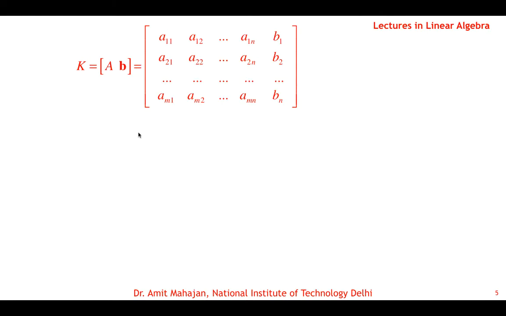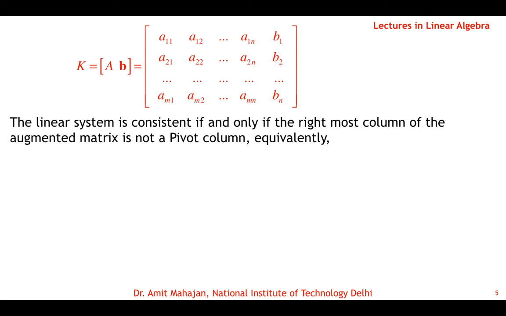Okay, and for consistency of this we can reduce it to equivalent form. We already know how to reduce a matrix to equivalent form. We have done that in the previous lecture. So the system will be consistent if and only if the rightmost column of the augmented matrix is not a pivot column.